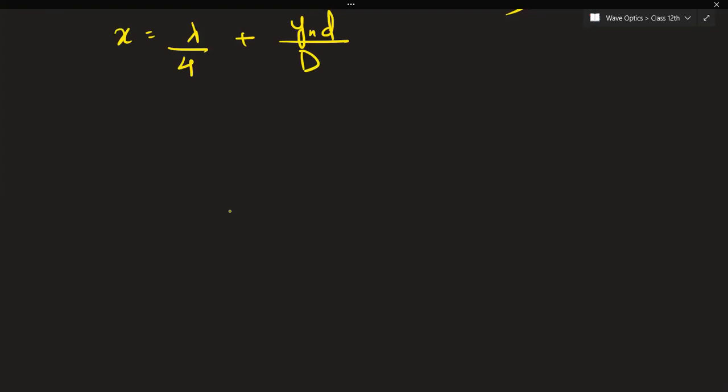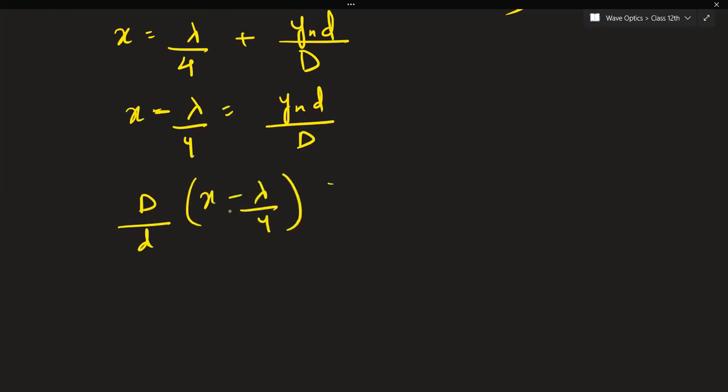Now let's solve this. So let's bring this here. Minus lambda by 4 will become equal to yn small d by capital D. So capital D by small d, x minus lambda by 4, this will become yn. Yn was what? This was only lambda capital D by small d. Now because of this factor, you are getting this also.